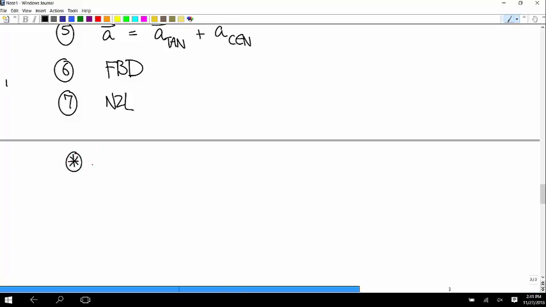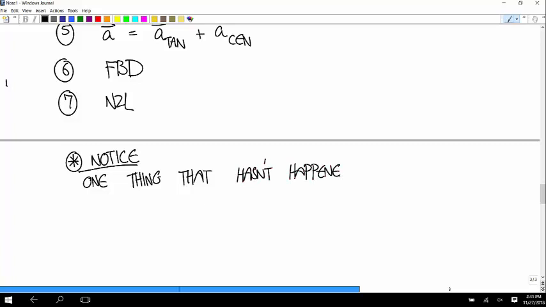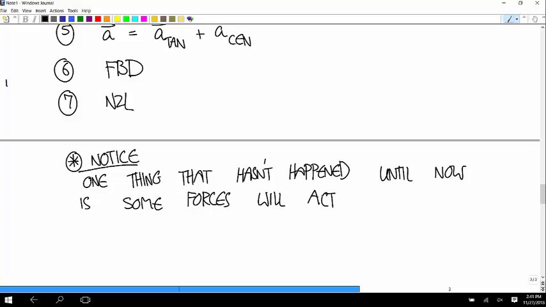So notice, one thing that hasn't happened up until now is that some forces will, this won't always happen, but they'll sometimes be forces that act out of the plane of the coordinate system.